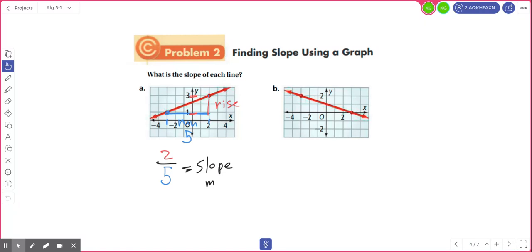Okay, let's look at the other one. It's very slightly different, but again, we've got the 2 points they gave us, 1, 2, and here I've got my rise and run. Let me mark them really quickly.